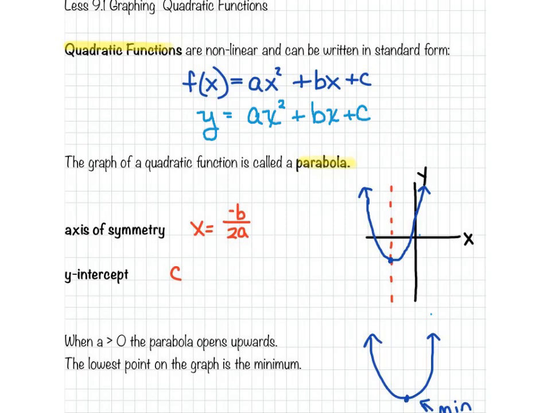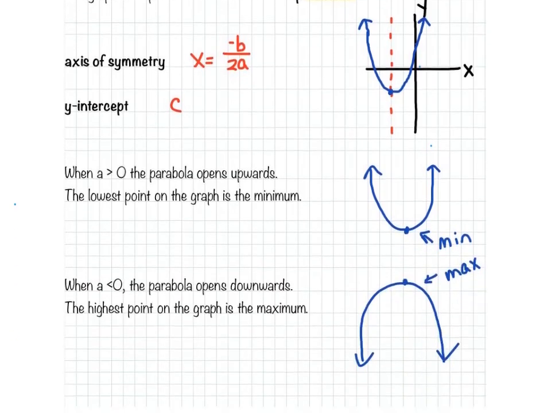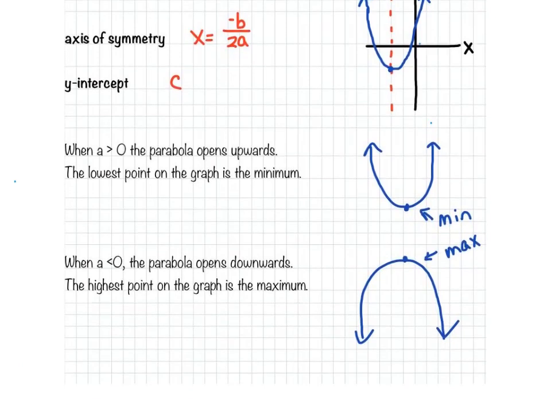And we can also identify the y-intercept, the place where the parabola goes through the y-axis, and that is c. The y-intercept would be c in our quadratic equation. Okay, a few more characteristics that you need to know.